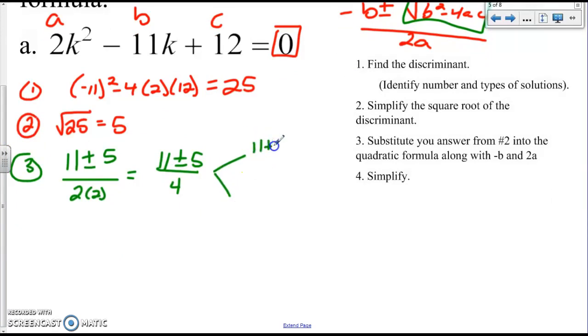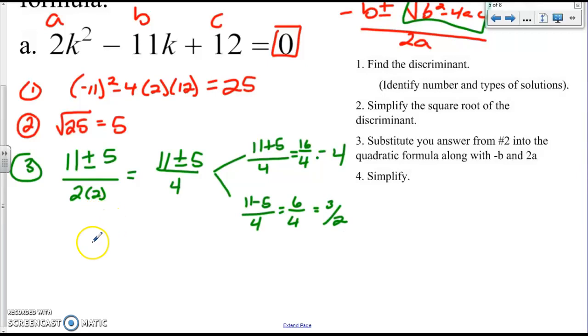So I'm going to do 11 plus 5 over 4, and 11 minus 5 over 4. Now, if you're going to type this right into your calculator, you need to put parentheses around the top. I'm going to do this in 2 steps. So 16 divided by 4 is 4. And if I subtract those, I get 6 divided by 4, which simplifies to 3/2. So my answers are k equals 4, that's a positive 4, and 3/2.